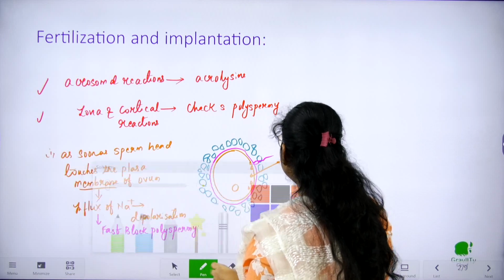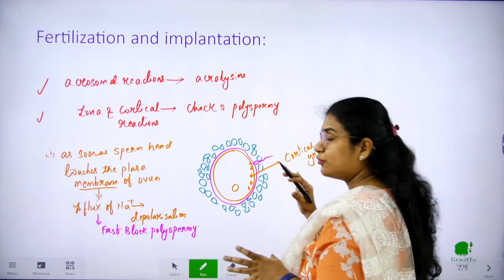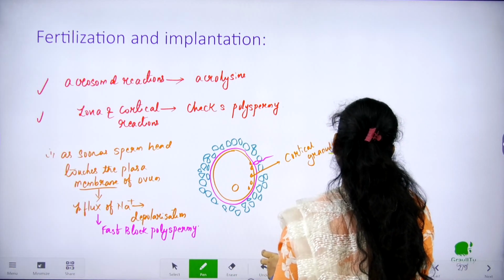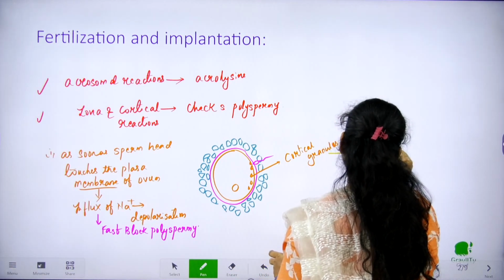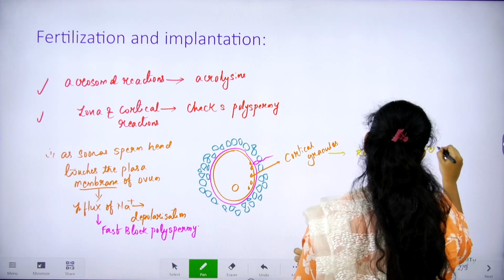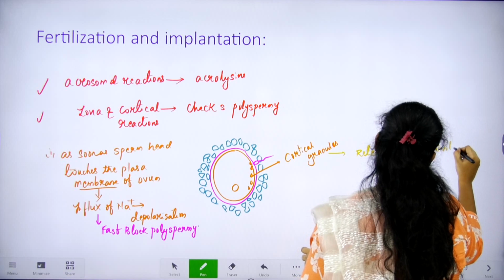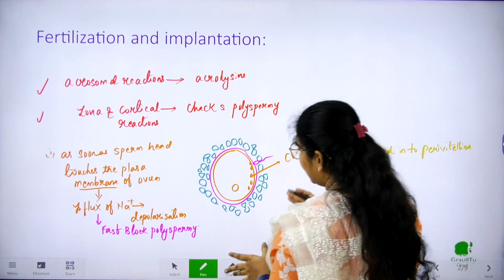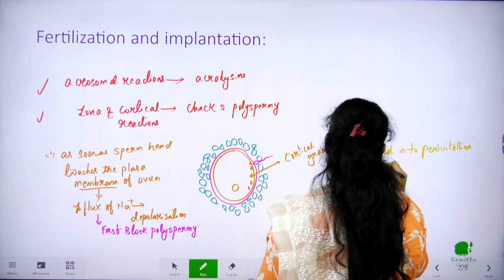As soon as the sperm head touches the plasma membrane of the ovum, cortical granules are released into the perivitelline space. Perivitelline space is the space in between the zona pellucida and the plasma membrane.